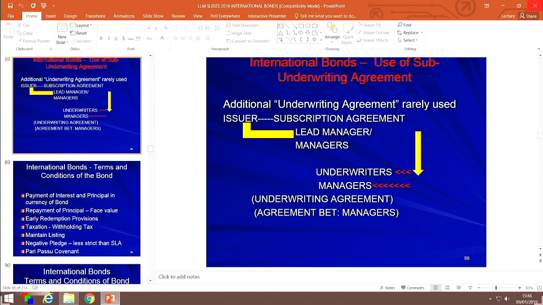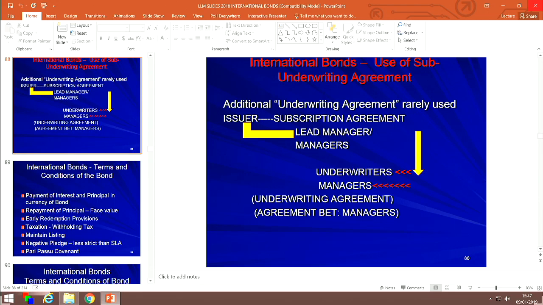Or it can go, if there is a sub-underwriting agreement, into the sub-underwriting agreement to take up and pay for the unsold bonds in accordance with the underwriting commitments undertaken by this independent group of investment banks, which are the sub-underwriting group.